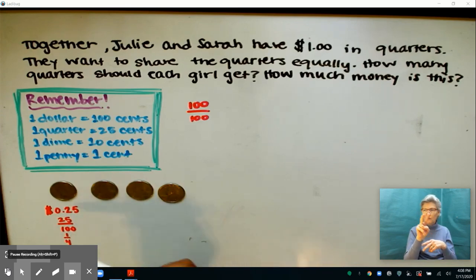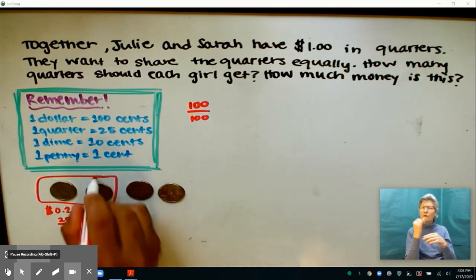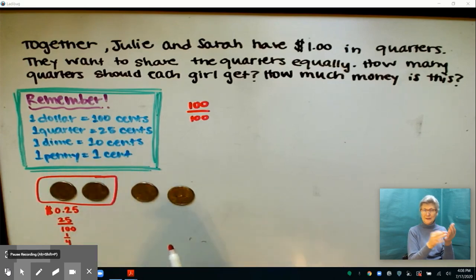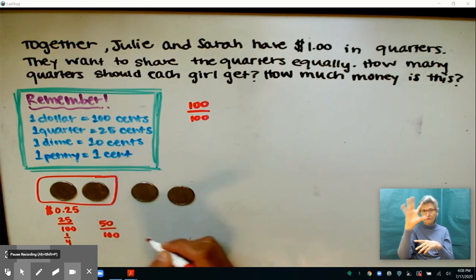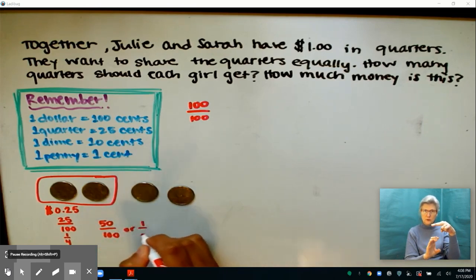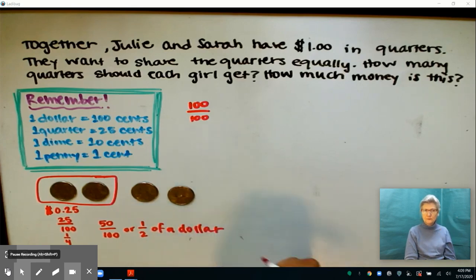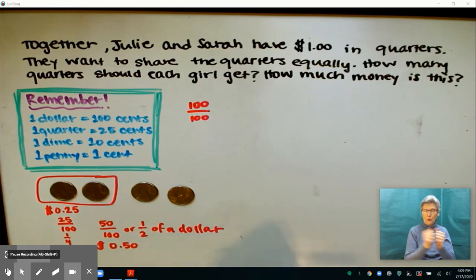Let's think about then if we had 2 quarters. If Julie and Sarah are splitting these 4 quarters equally, each girl will get 2. And so if we have 2 quarters then, we know that 2 quarters would be 50 100ths or half of a dollar. And we know that we could write that either as these fractions, or we could write that as 50 cents with a decimal.